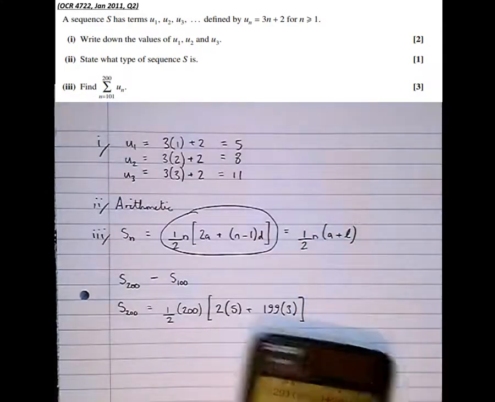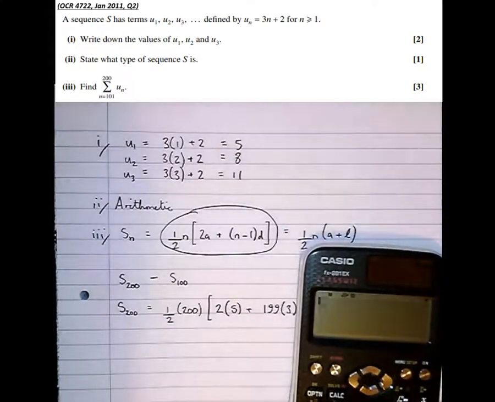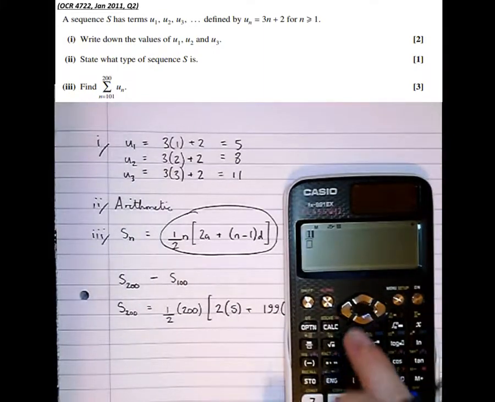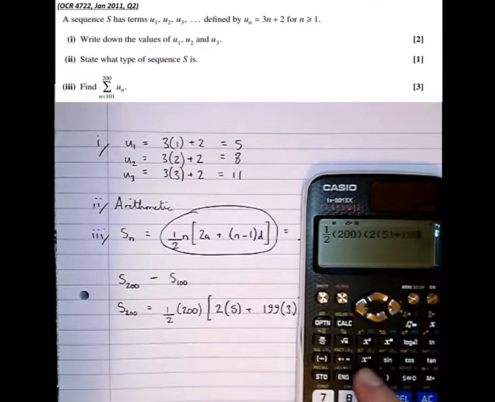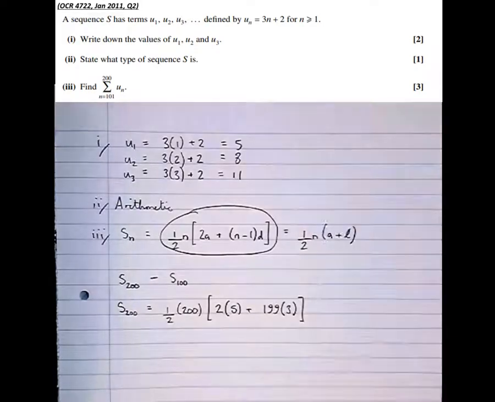Okay, putting that in the calculator. So 1/2, 200, 2 lots of 5 plus (n minus 1)d is 60,700.